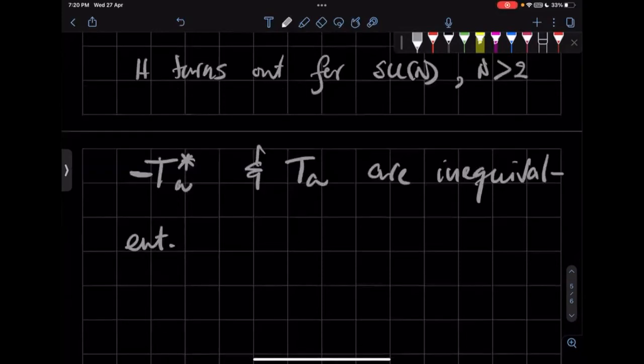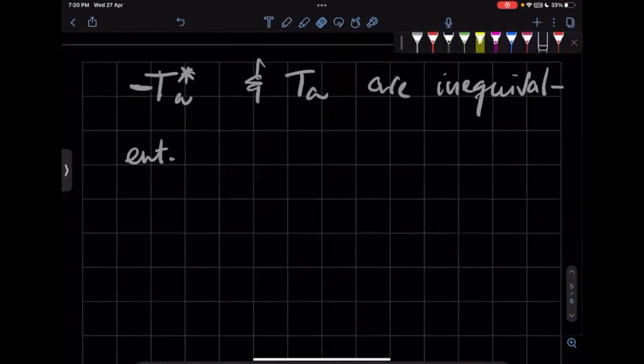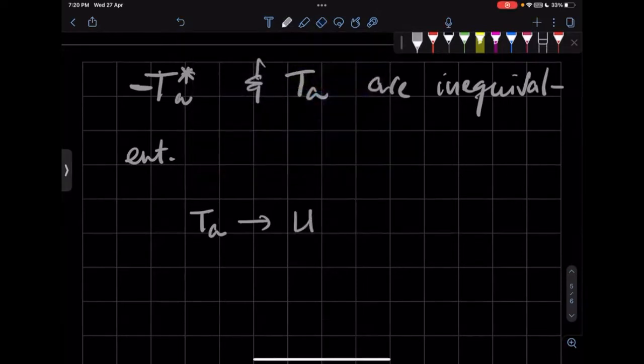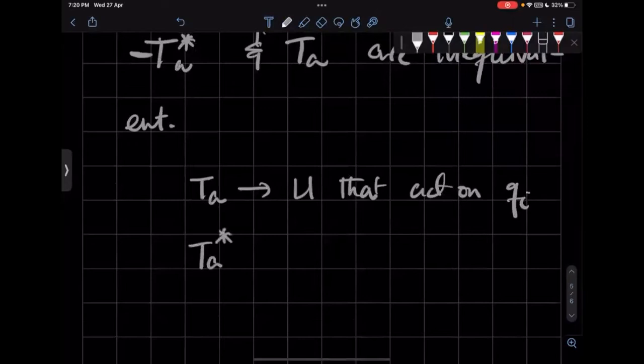Okay. So if I say TA generate some matrices U, which act on, say, QI, then -TA star will generate some matrices U of SUN that will act on a different space, which I'm calling QI upstairs.